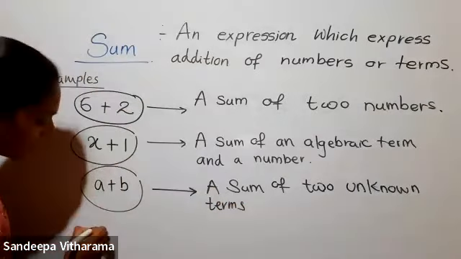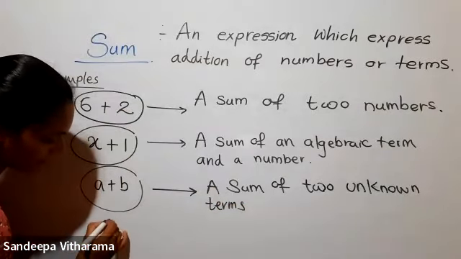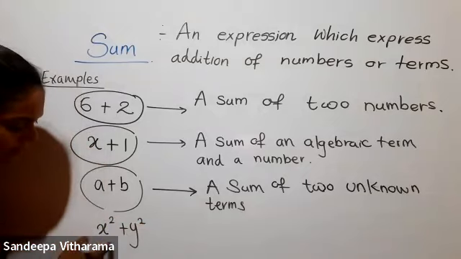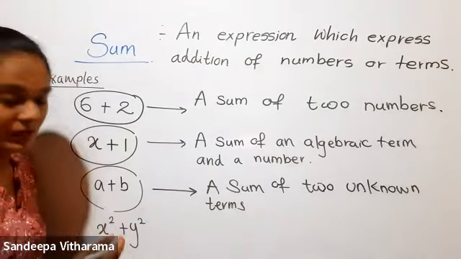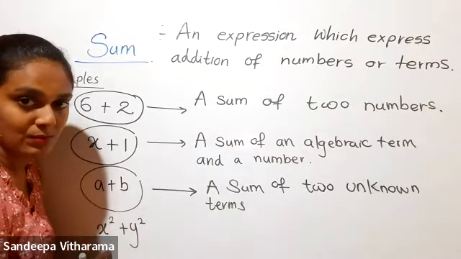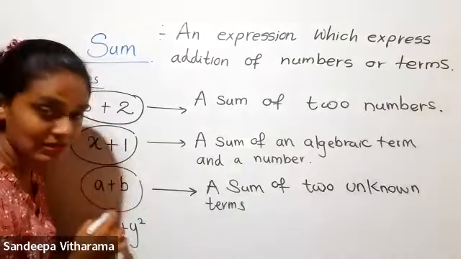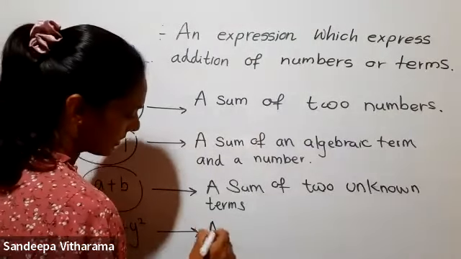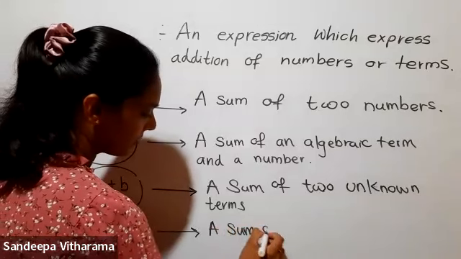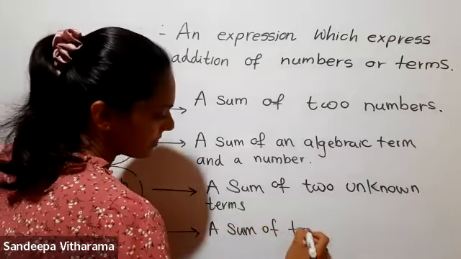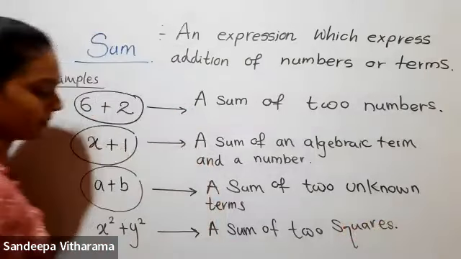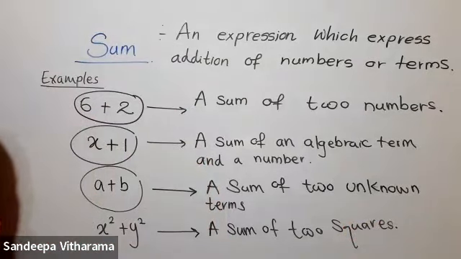And look at this one. I can express squares like this. Now these are also unknown terms, but I can say this is a square. So I can say that this is a sum of two squares. Sum of two squares. Okay.